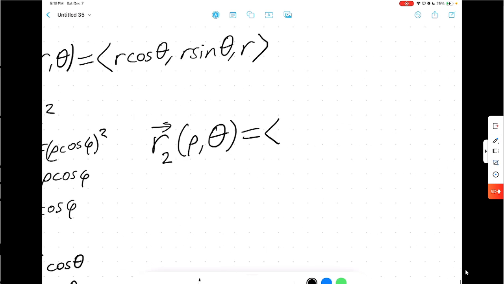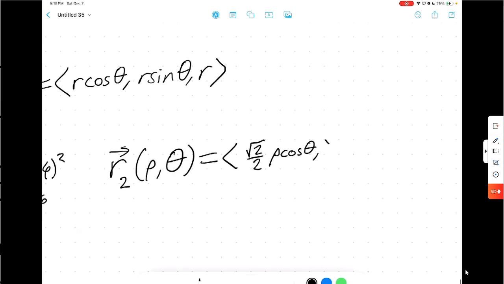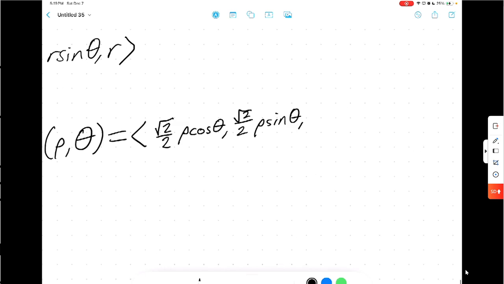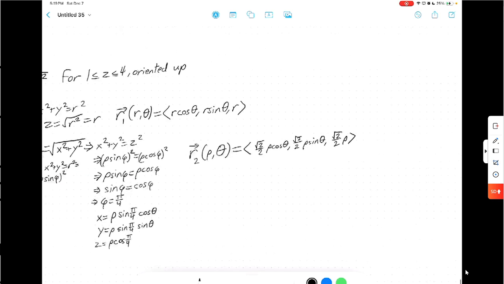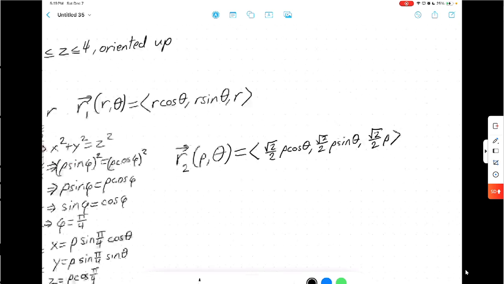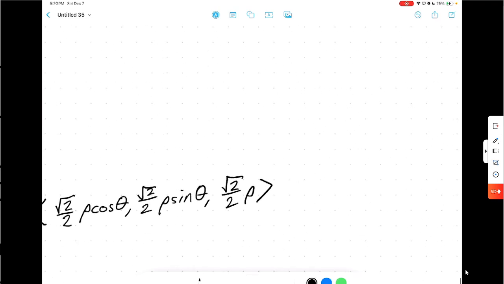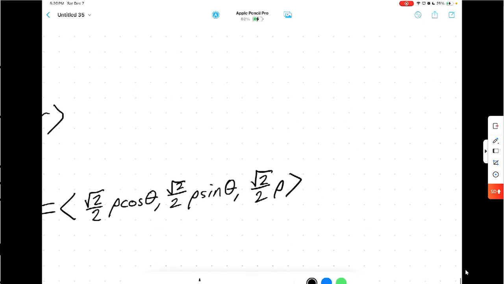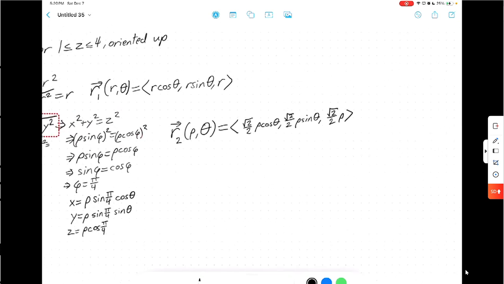So we get root 2 over 2 rho cosine theta, root 2 over 2 rho sine theta, and root 2 over 2 rho. Which I just realized is literally the exact same thing as the other one, except instead of r, you have root 2 over 2 rho. But hey, it's another parameterization, so it works. Alright, there's our 2 parameterizations.